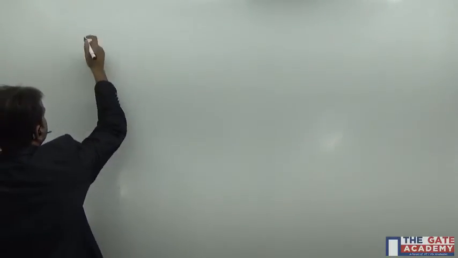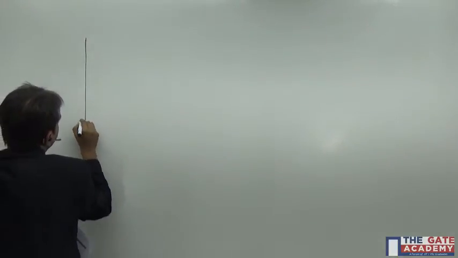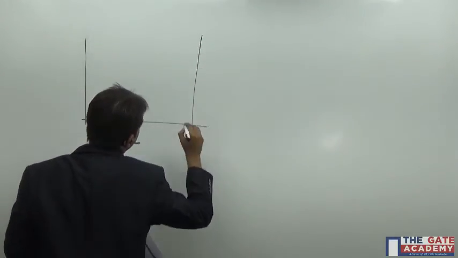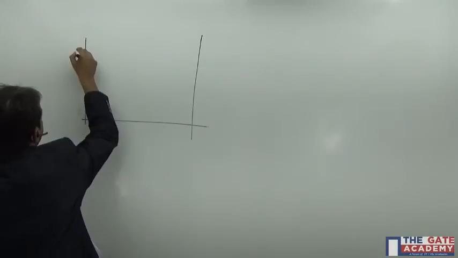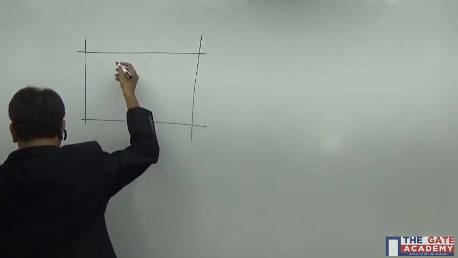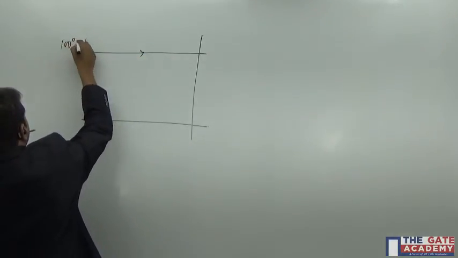So LMTD is a very simple topic. Let us make a graph like this, and let's say this indicates the temperature of the steam, and it is at 100 degrees Celsius, right?